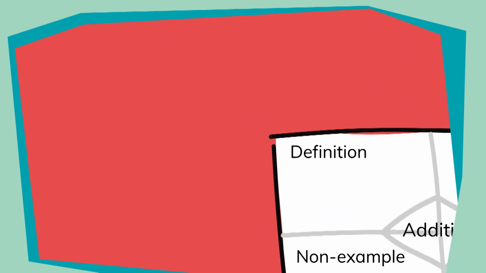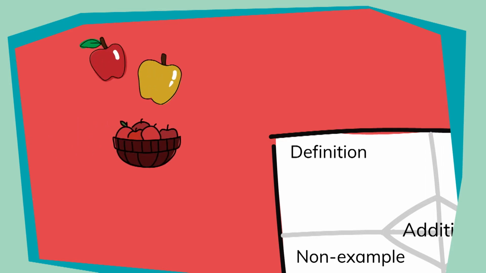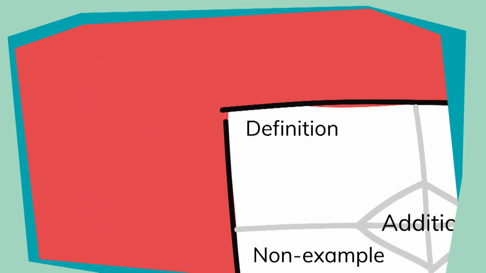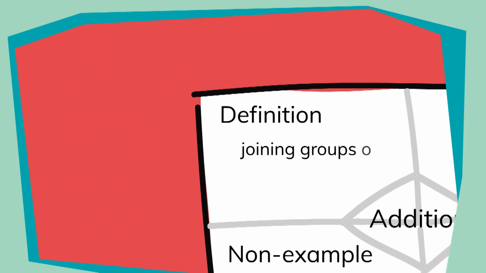Now we're going to define addition together. So let's think and then write the definition in our upper left rectangle. If Splat and I are outside in the North Carolina mountains picking apples, we would combine his basket of apples and my basket of apples into one big basket and count to see how many we have in all. This would be addition. So addition is when we join groups of objects together.